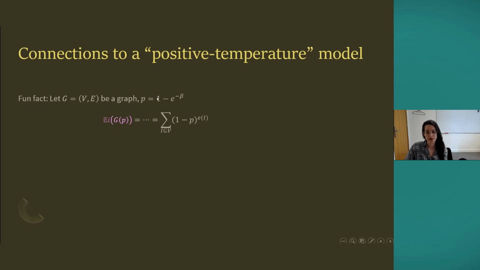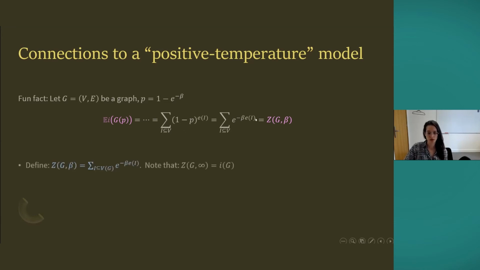And we write p as 1 minus e to the minus beta, only because this is the way that people from statistical physics like to think about it. So let's write it like they do. We have this sum, and let's add another notation for this sum to be Z of G, beta. Okay, so beta is a function of p, and it relates to p.